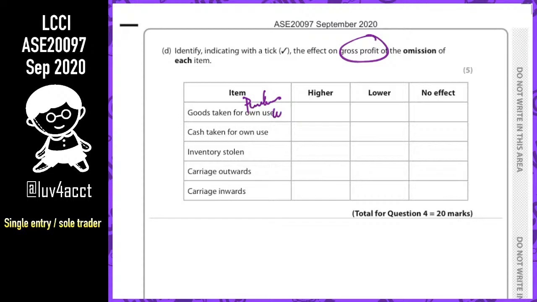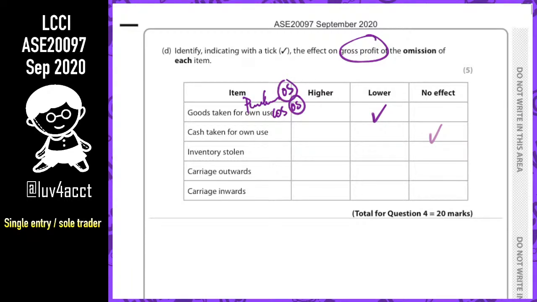It means that cost of sales will be overstated, so gross profit will be lower. Second one, cash taken for own use. There will be no effect, because it only affects cash and drawings.